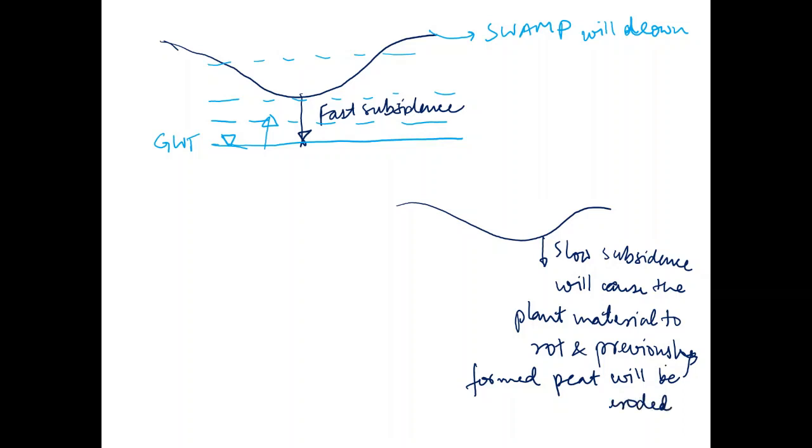So if the subsidence is slow, the peat which was already formed over here may get eroded by wind action. And the plant material which has freshly been deposited, since it will not be buried under the sediment cover, will be rotting or will get decomposed. So I hope you are understanding this.